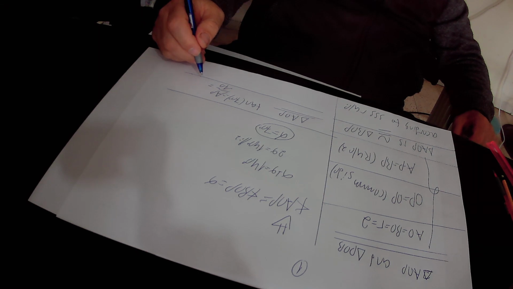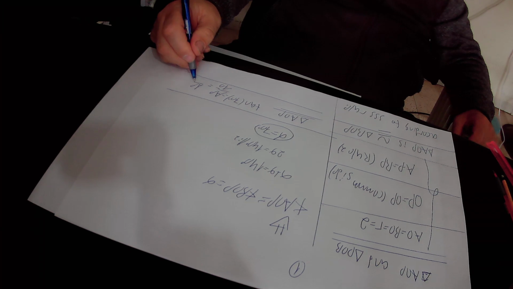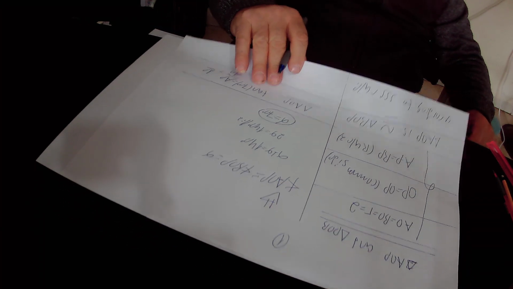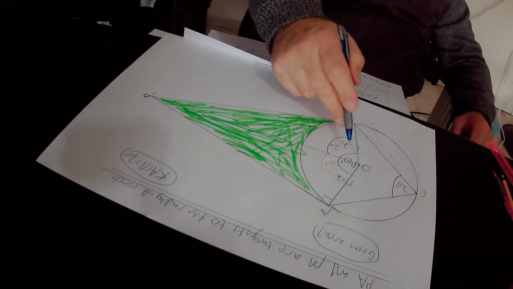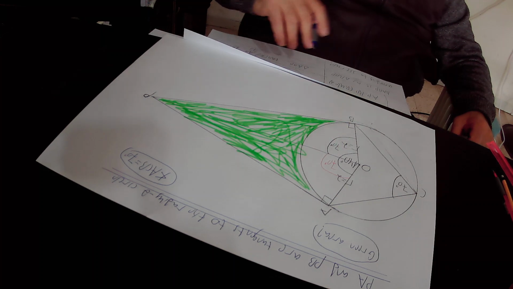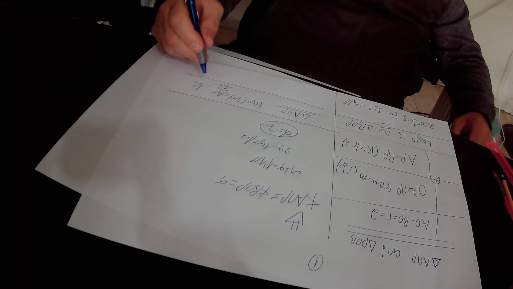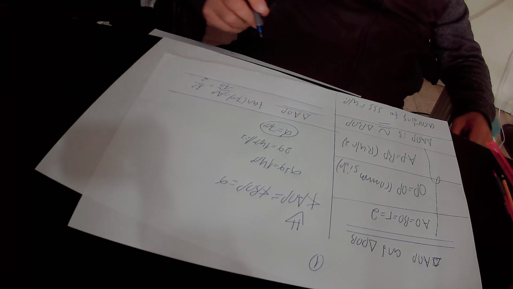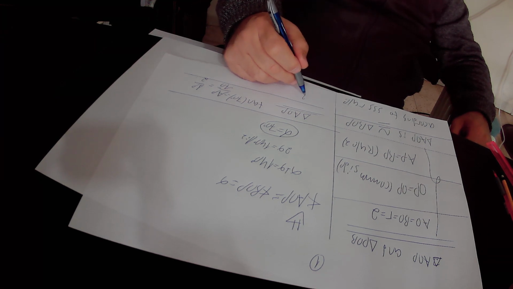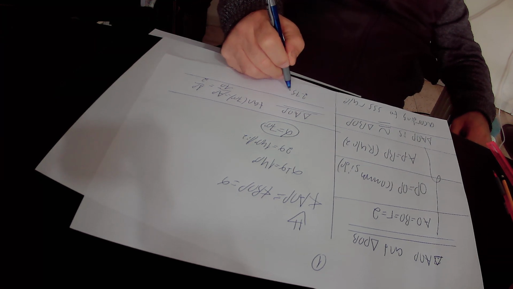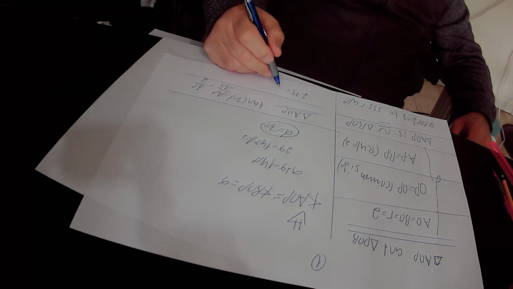AP is the missing side, so we leave it as it is: AP over AO. AO is the radius of this circle that is equal to 2, so we substitute AO by 2. So we found that tangent 70 degrees equals AP over 2. Tangent 70 degrees is 2.75. This equals AP over 2.